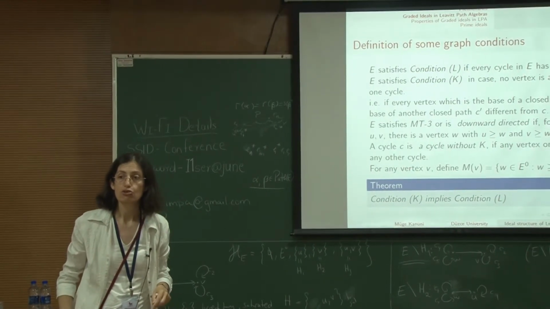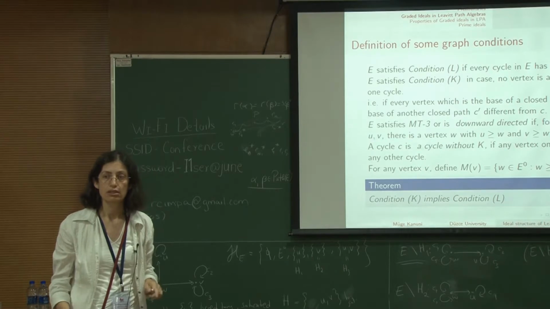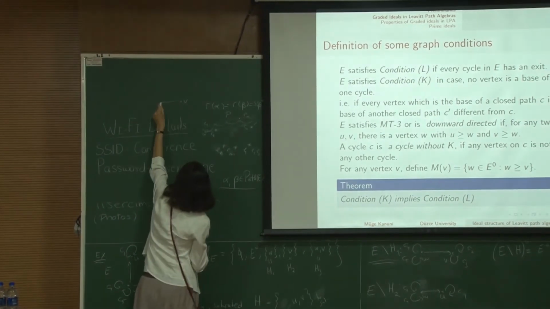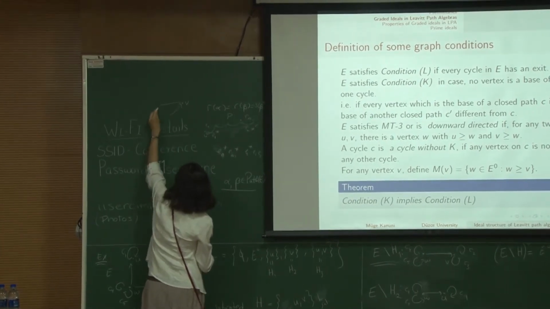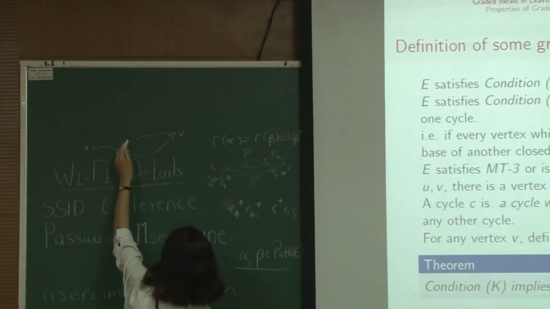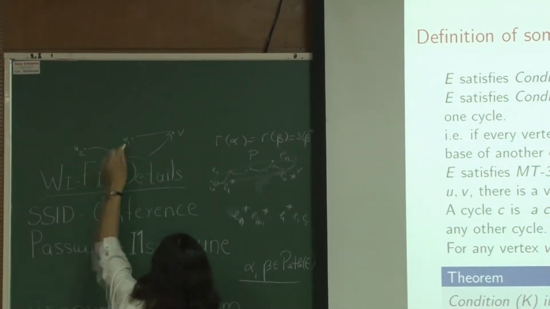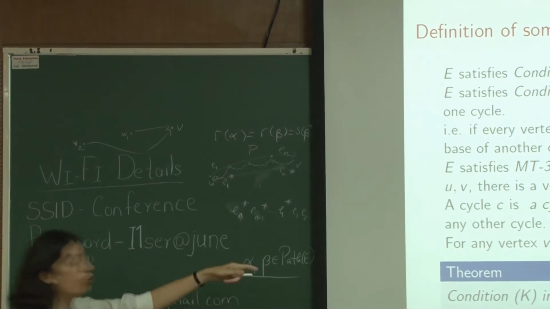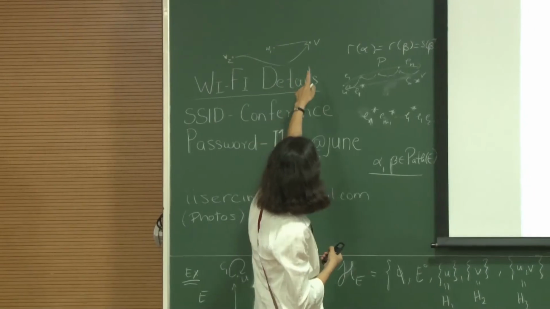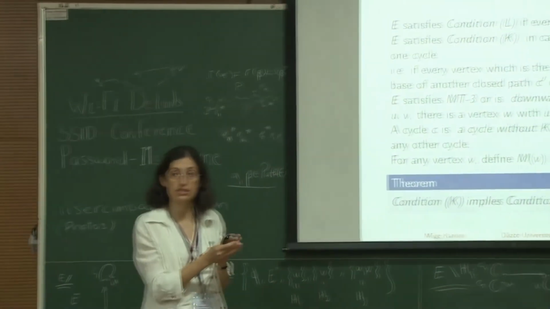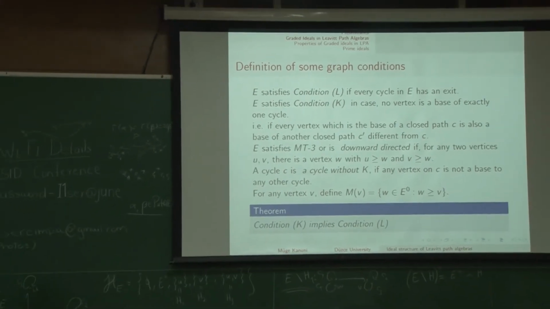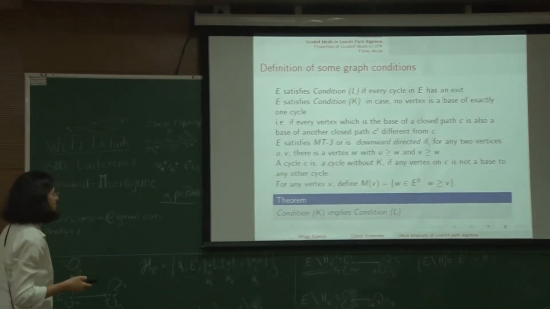V can be here, so there can be a path to W. V is already in there, so there's a trivial path there. But V1 and V2 are also in MV, all the vertices that connect to V. Yes, so those are the sources.